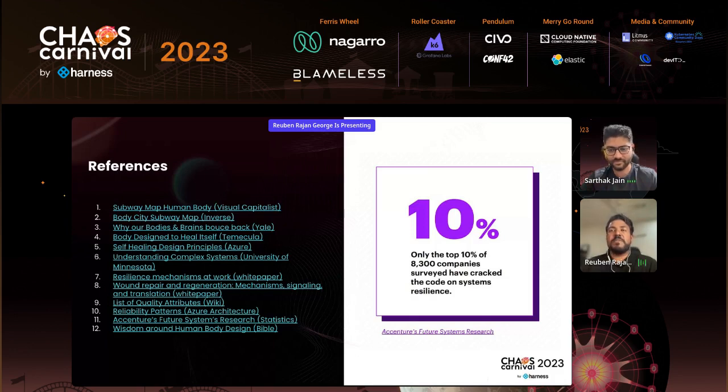Lately, we have also seen the market move towards what have traditionally been supercritical industries. They are now moving most of their workloads to cloud. So yes, chaos engineering is one great tool to introduce faults and evaluate fault tolerance and resilience of your system.